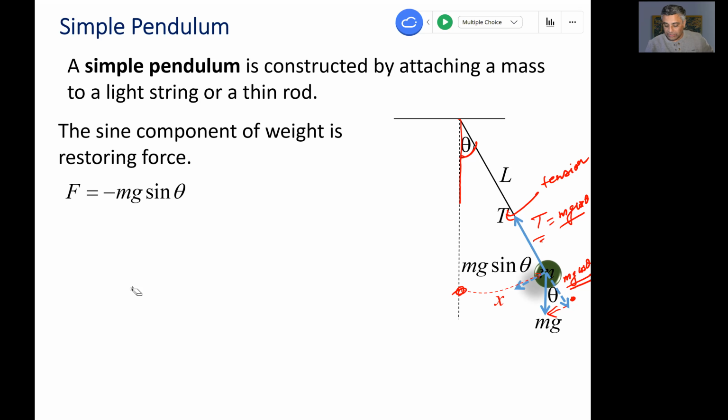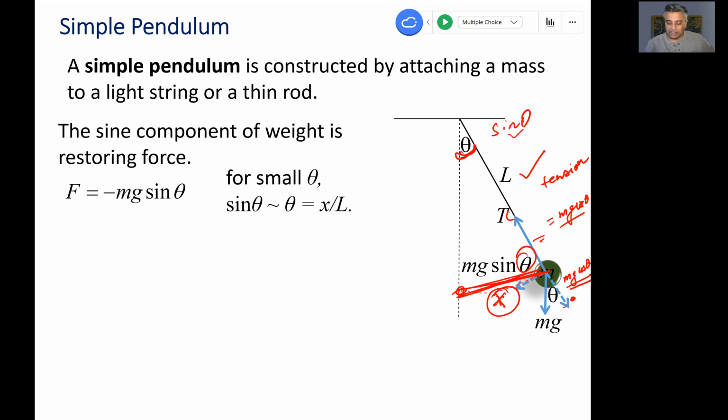Now, sine theta. So there is this theta. So sine of theta, and if this angle is small, this line is going to look like a straight line, right? And this is going to be x. So in that case, sine theta is going to be x over L, opposite over hypotenuse, right? So we can replace that by x over L as long as theta is small.